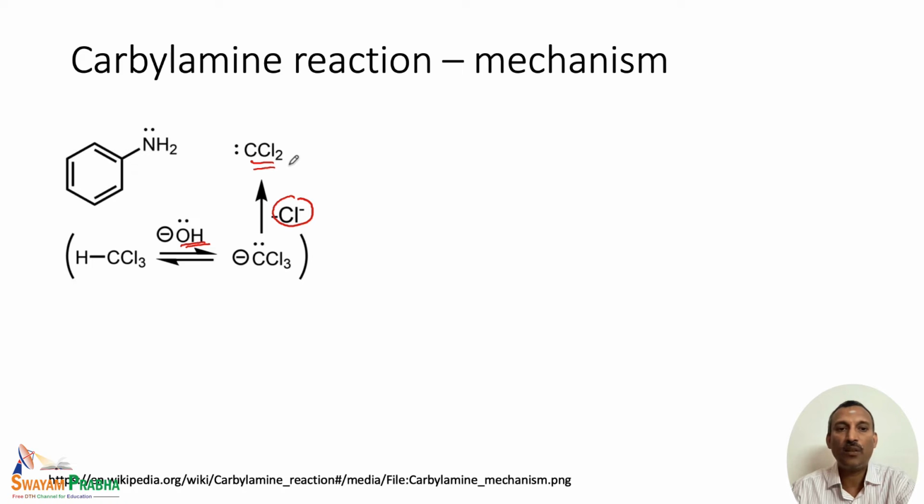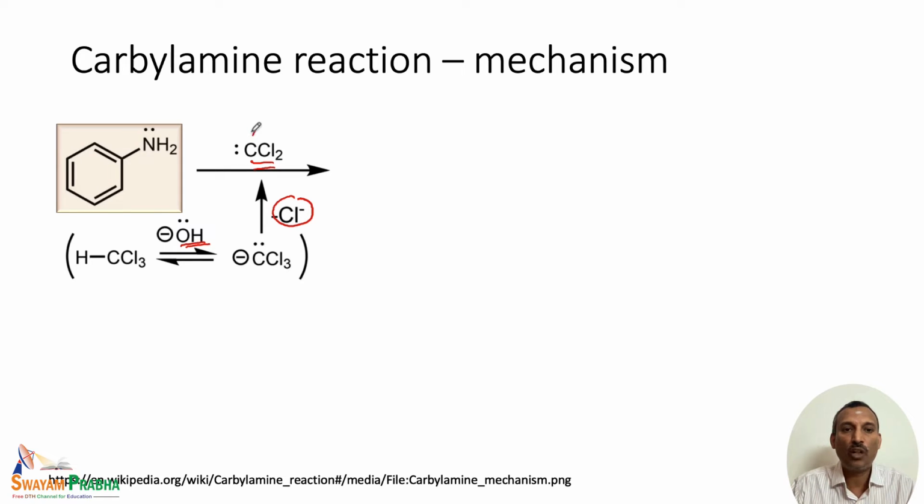This intermediate has an electron deficient carbon, because this carbon has only 6 electrons, and we have a nitrogen which has a lone pair of electrons. So, this is electron rich, this is electron poor. The electron rich substance reacts with the electron poor species. That means the lone pair on the amino nitrogen is being given to the carbene, that is dichlorocarbene.